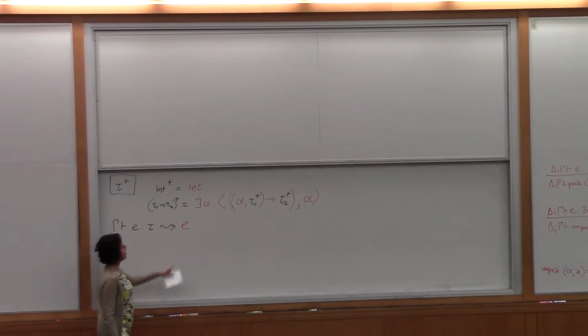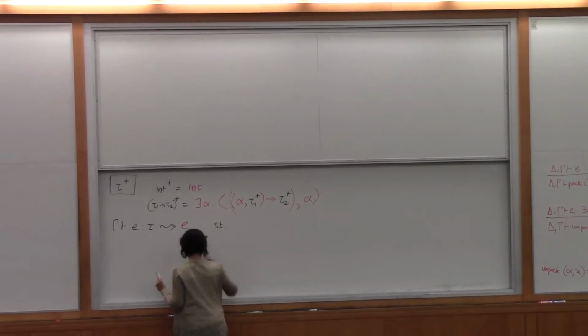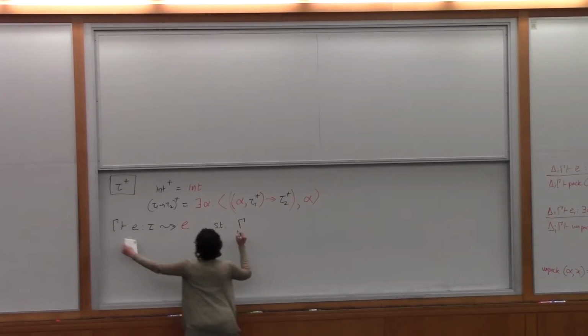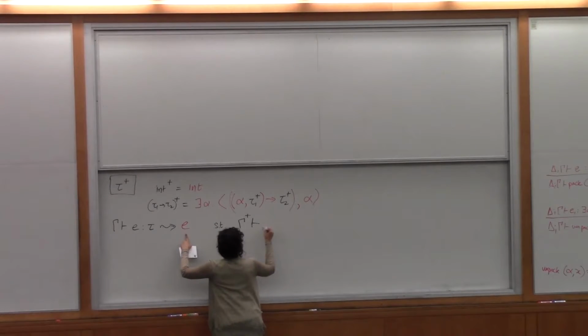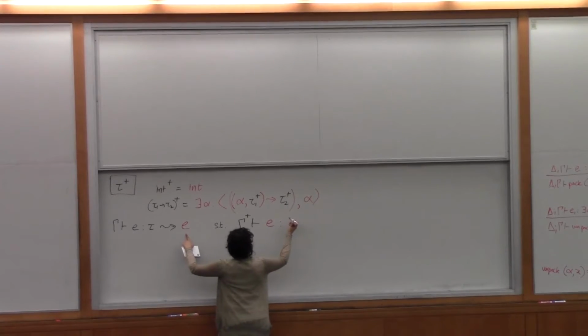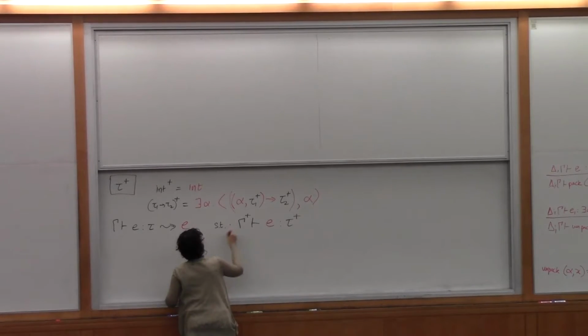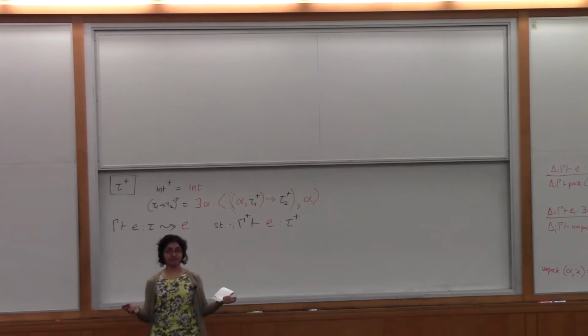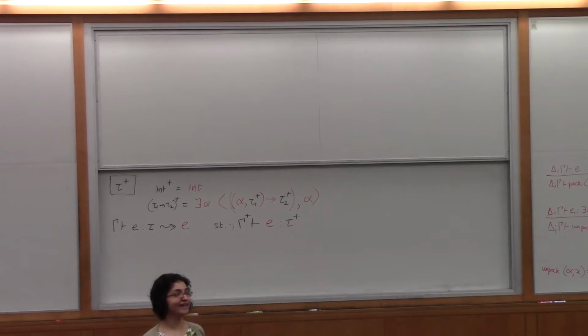I'm going to produce this code such that if I took the environment and translated all the types in it, then this translated code would have translation type tau plus. Oh, and I also need to put a dot here because the judgment for my target language says that I need to have a delta. Everyone with me? Okay.